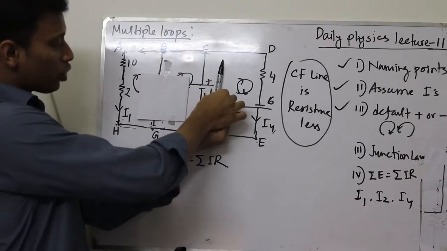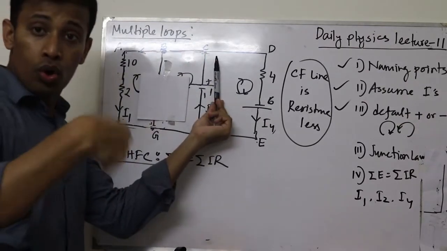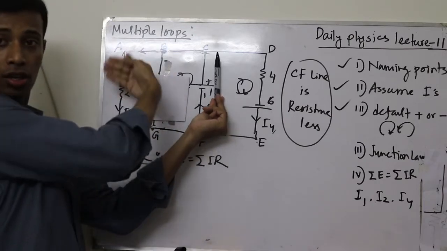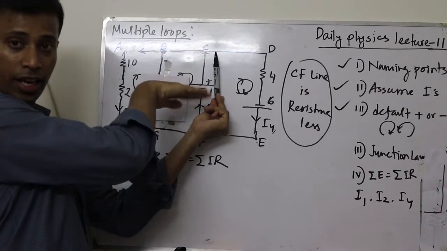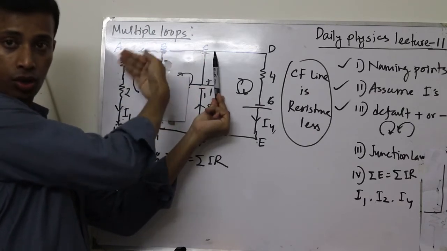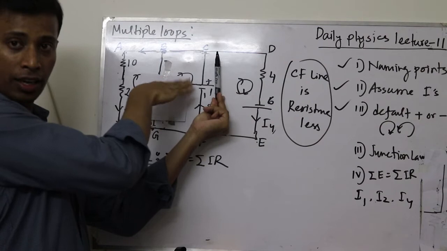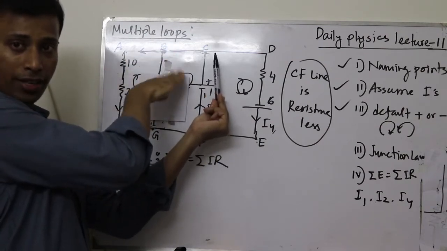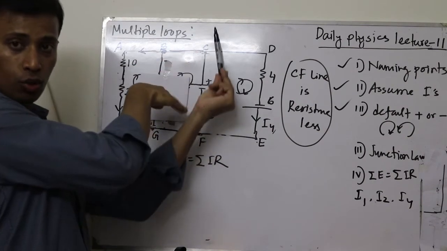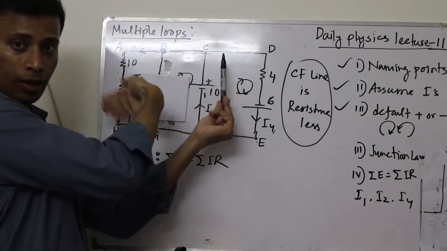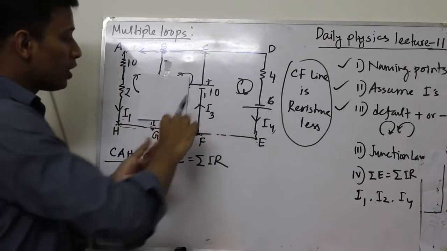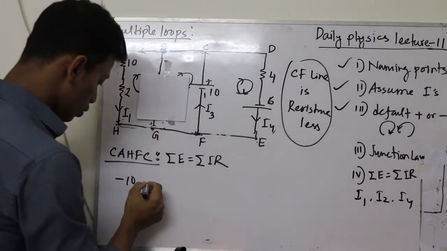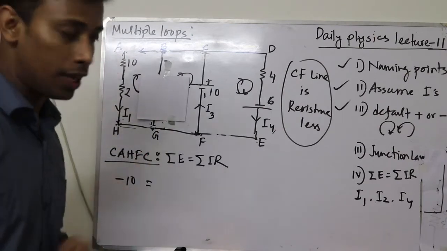Now the clockwise default positive direction, my hand is acting clockwise. Is this 10 volt acting clockwise or anti-clockwise? It is acting opposite to my clockwise hand, so this 10 volt is a negative cell. We don't have any more cells, so we are done with the left side.